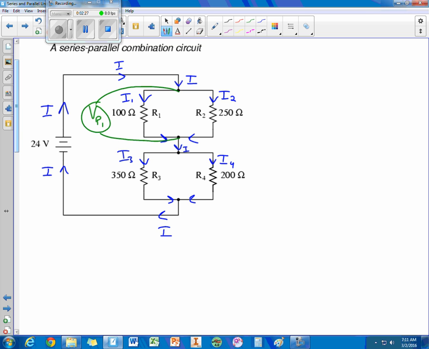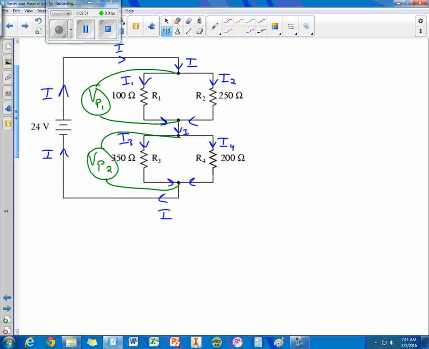Likewise for R3 and R4, I'll call this VP2. They will have the same voltage across them as well. And I hope you notice that VP1 plus VP2 should add up to give us 24.